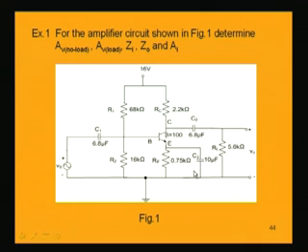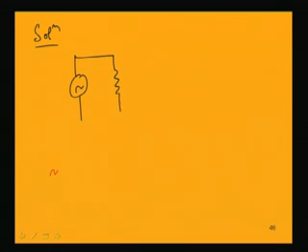So, we will consider that R naught is sufficiently high, like an open circuit. So, considering the signal analysis, we will do this example. Let us first draw the small signal equivalent model.